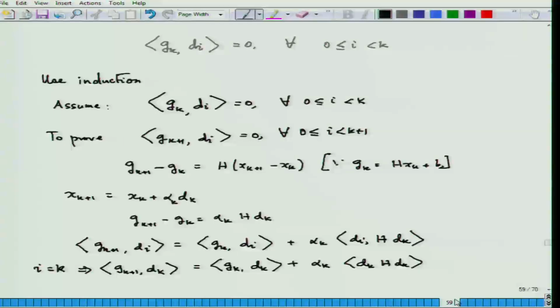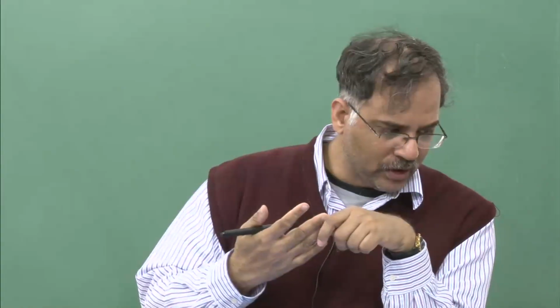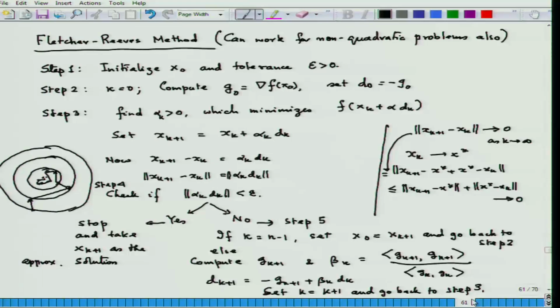So I have reached the nth step, and x_n should be my solution, but I have not got the solution. That is the whole idea: k is from 0 to n minus 1, so basically I have taken n steps.